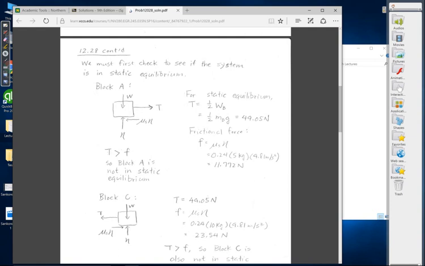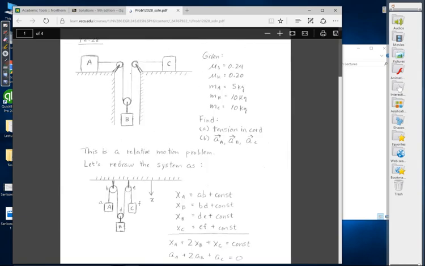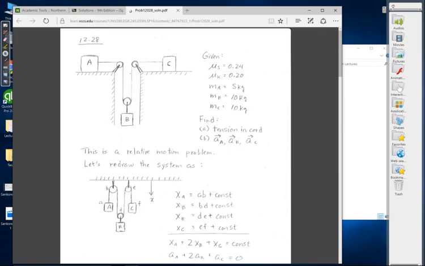So you first treat this as a static equilibrium problem, and what you're going to say is that if this is static equilibrium, then nothing is moving, which means if you go up to this figure, A, B, and C are all staying still. And if that's the case, then if you look at B, B's got a mass of 10 kilograms, which means it's got a weight of 10 times 9.81, in newtons.